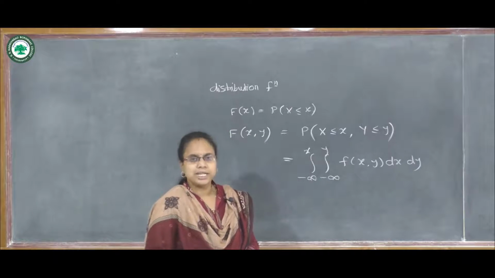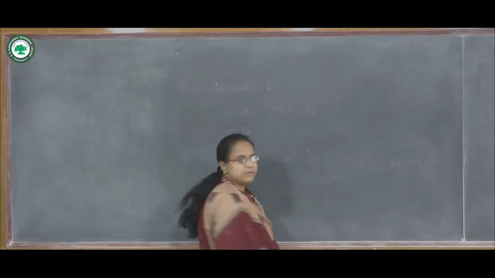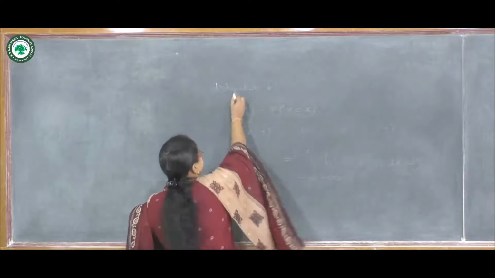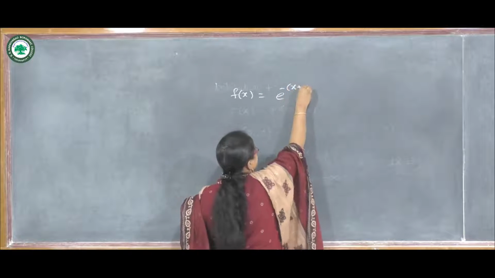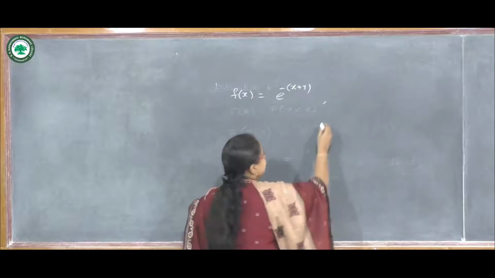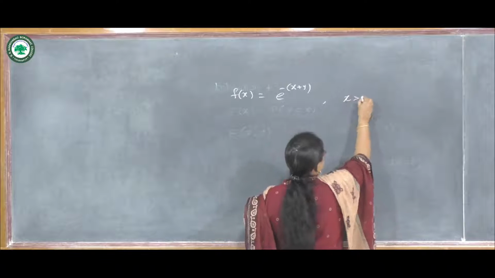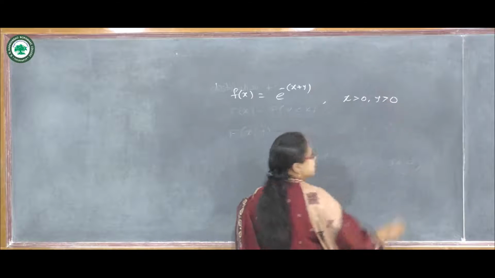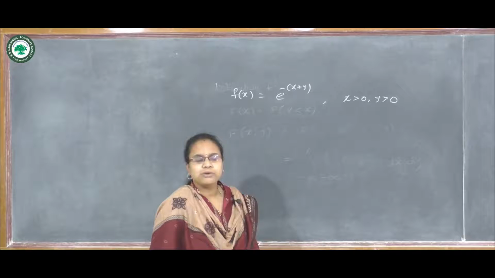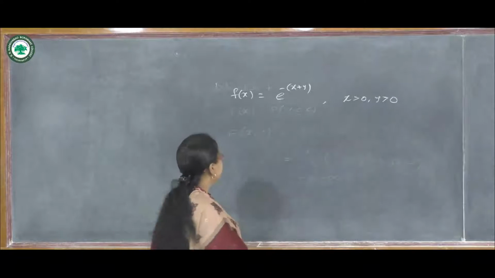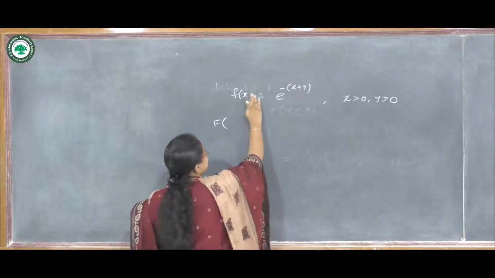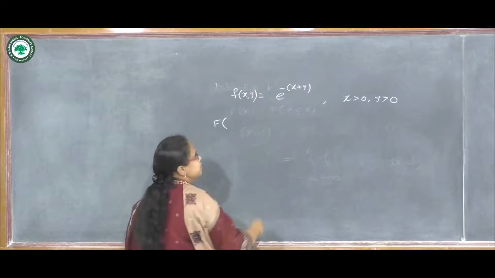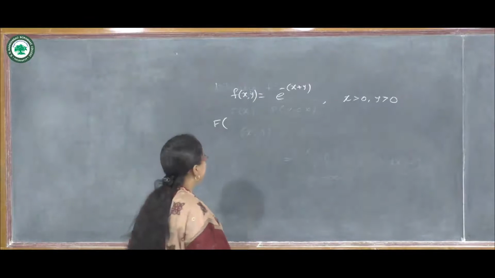So let's take one example on that. Suppose we are given a PDF f of x, y equal to e raised to minus (x plus y), where x greater than 0 and y greater than 0. We want to calculate its distribution function. Then we will use the definition, and this is f of x comma y, the PDF of the bivariate distribution.